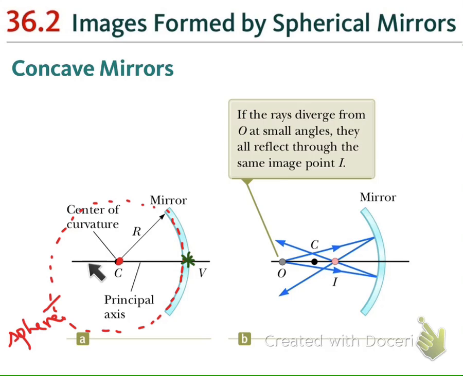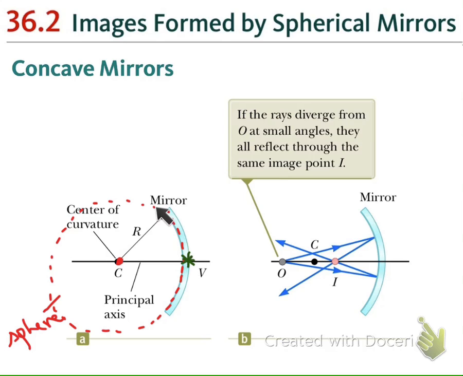And when we discuss the image from the mirror, there is also one thing that we need to define, that it is the principal axis. The principal axis is the axis that if you halve the mirror like this, you can see that this is the center of the mirror.